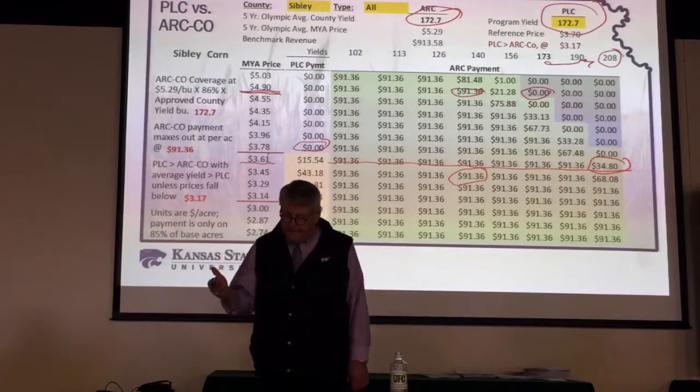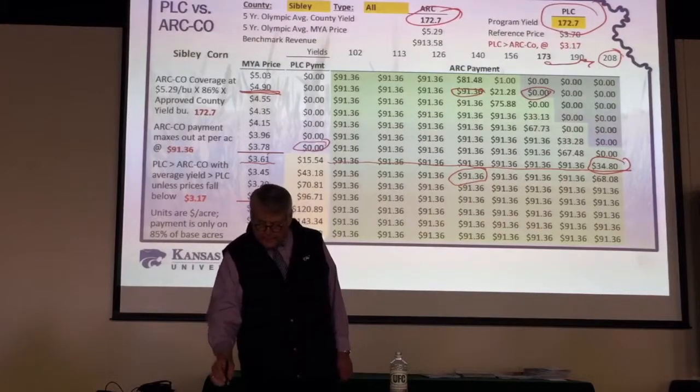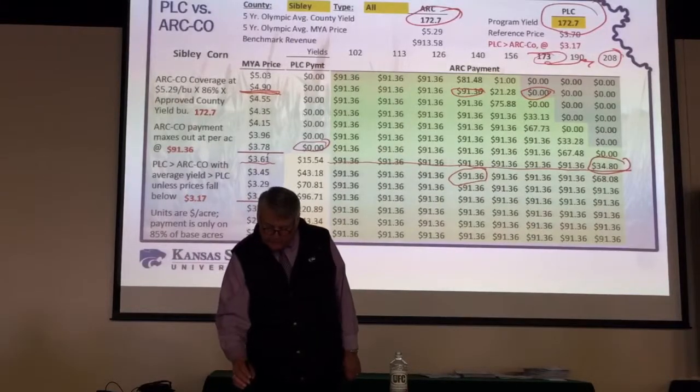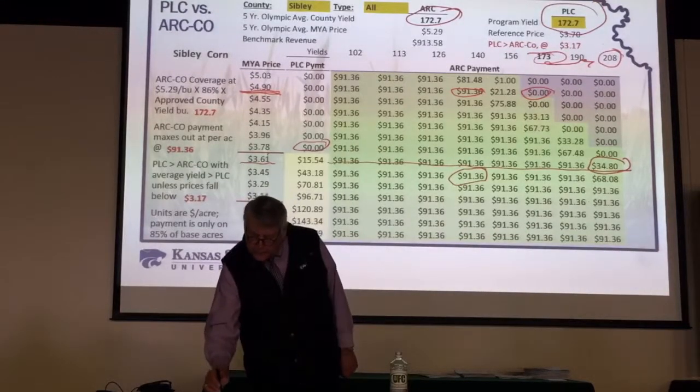Now, if the county happens to raise a yield of 173, in other words, it has a yield exactly equal to its average, and the farmer's got the same average, how low does the price have to fall before the PLC will pay more? Answer, 317.